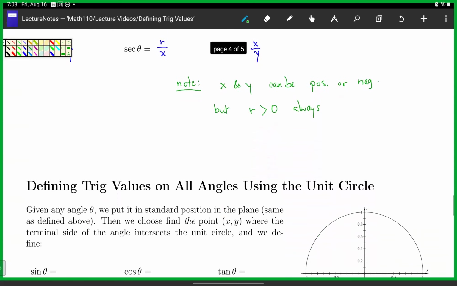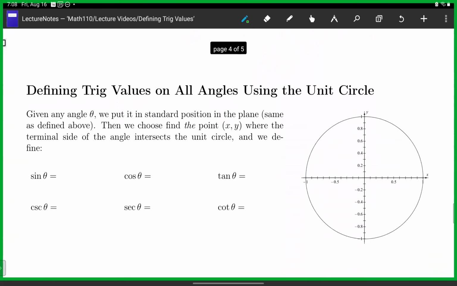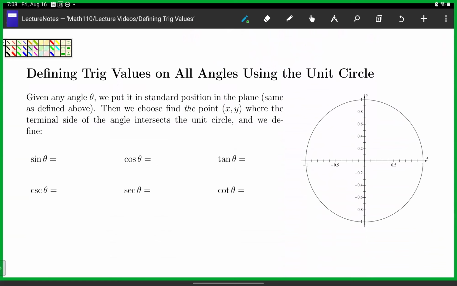Let's see. There's also defining trig values on all angles using the unit circle. We're going to do exactly the same thing. I'm going to have my initial side in standard position, and my initial side is always the positive x-axis.